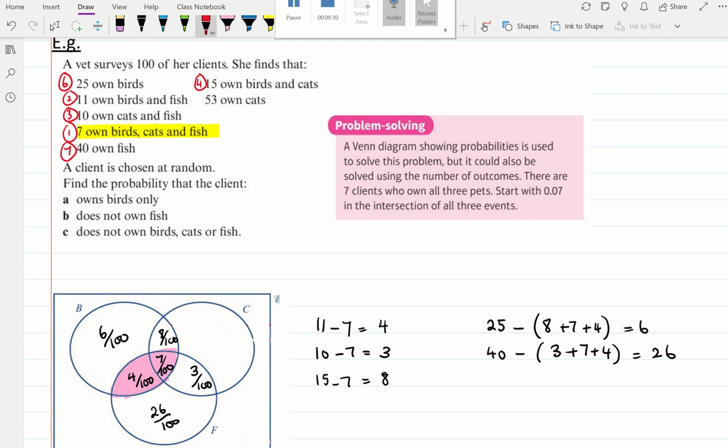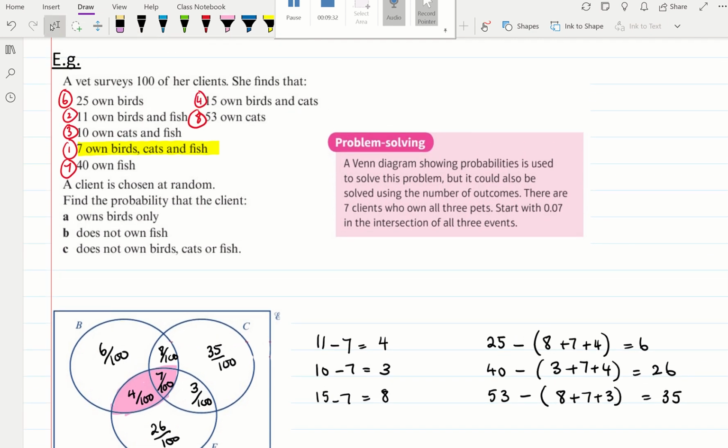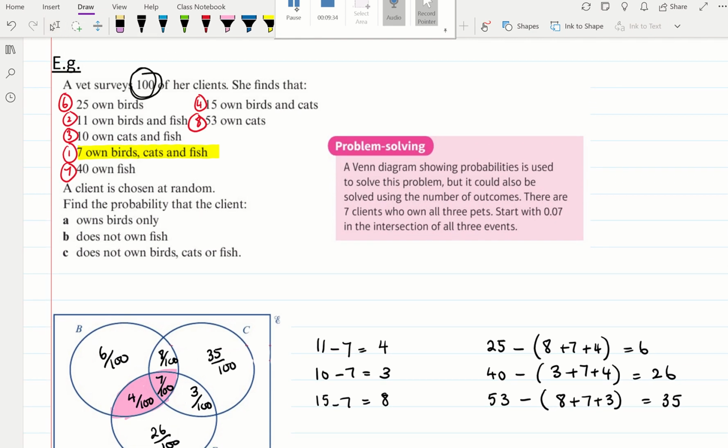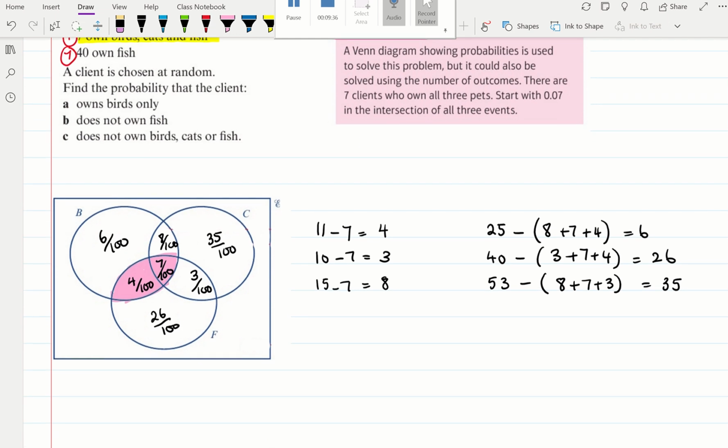And then finally, I have got 53 who own cats, and in the cat set I've got 7 and 8 and 3, and that gives me 35. So that's 35 out of 100. Now what I need to do is check whether all of these numbers add to 100 or not, because I know the survey was for 100 clients.